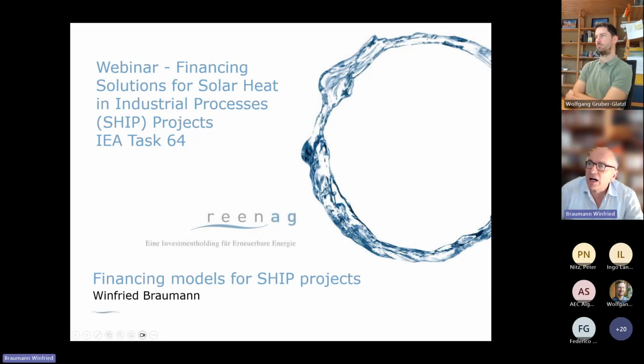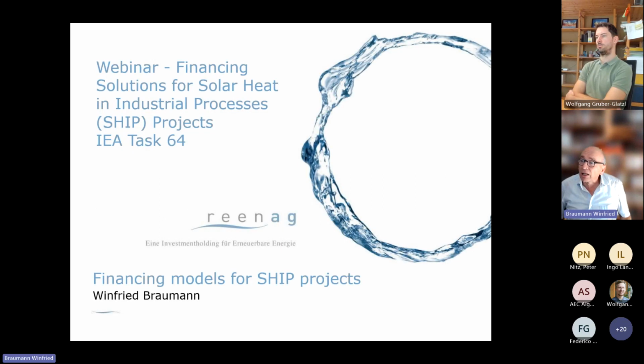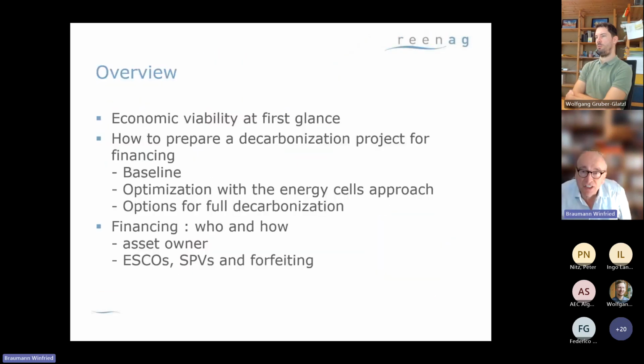But let me start now briefly with an overview of what I would like to present. As you have already seen, other than with photovoltaics, the replacement of fossil energy with renewable energy generated by solar thermal installations has not yet arrived in the decarbonization mainstream in industrial production.